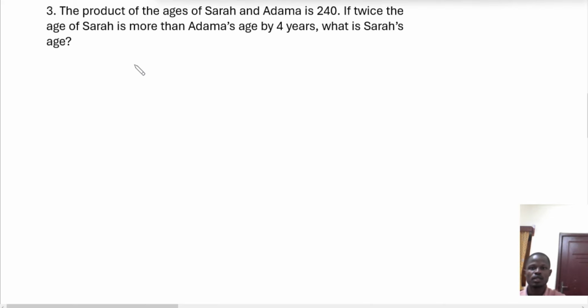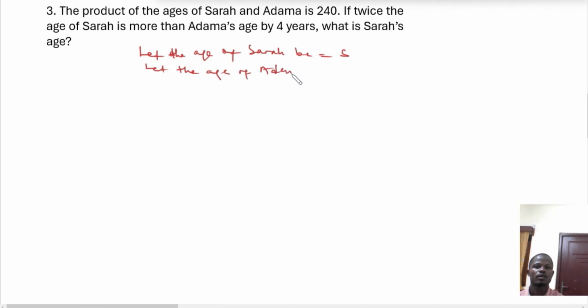So let the age of Sarah be equal to S, and let the age of Adama be equal to A. We are told the product of the ages is 240.